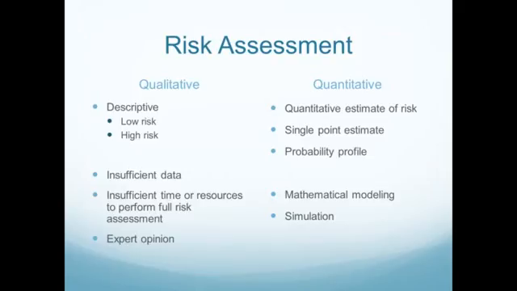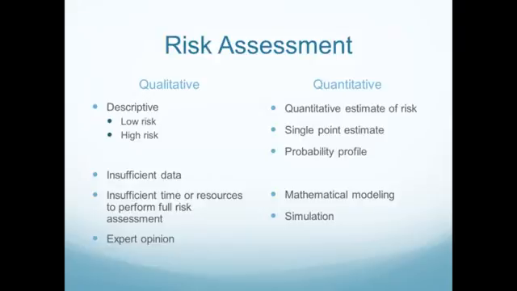Now, as I mentioned, we have different types of risk assessment. We have the qualitative and quantitative. So the qualitative essentially is what we had before, when you haven't got that much data, because all you can say is, well, it's low risk or high risk. There's nothing in between. So it's a bit like the zero tolerance policy. You either have zero tolerance or you don't.